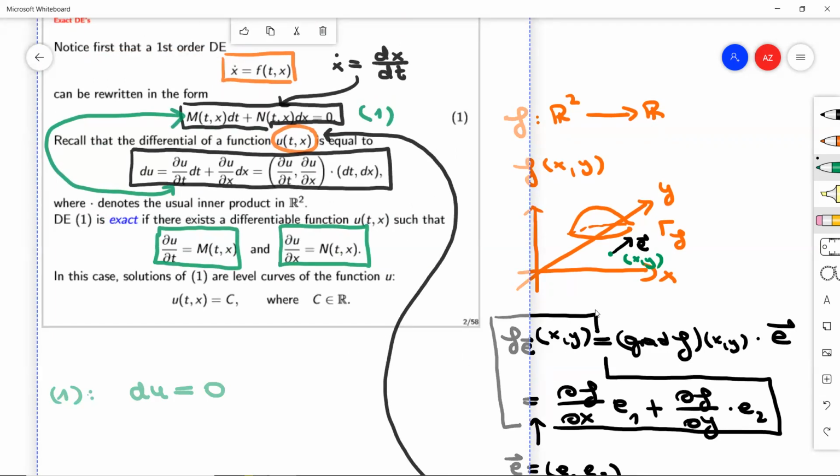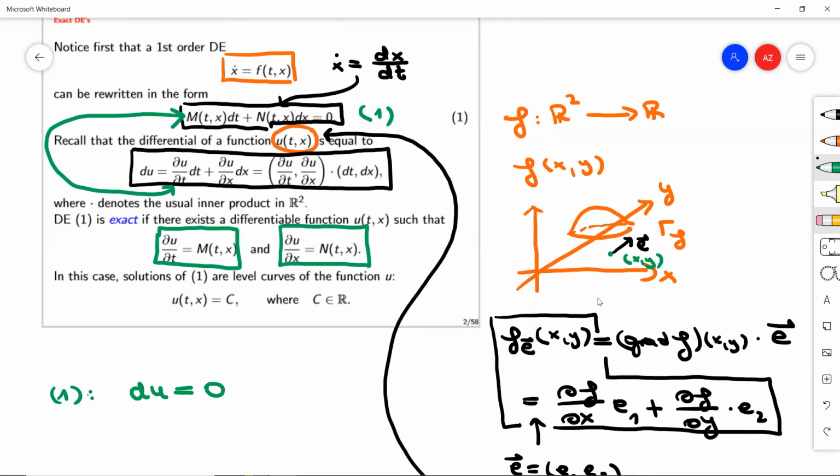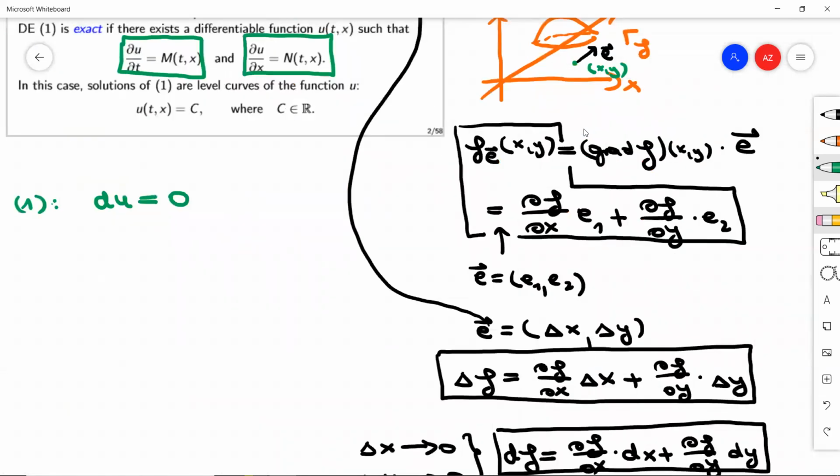This means that the solutions of our differential equation are just the level curves of the function u, because du is 0. So the solution of this differential equation is that u must be equal to some constant c, for c in real numbers. And this is what gives us an explicit solution. So this is the family of curves which solves explicitly our initial first order differential equation.